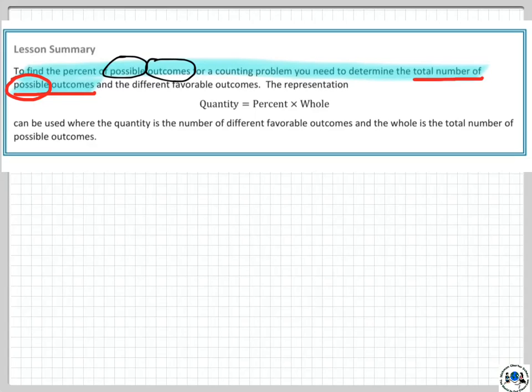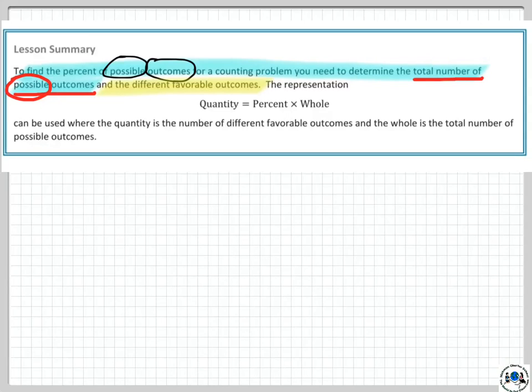To find the percent of possible outcomes for a counting problem, you need to determine the total number of possible outcomes first. Very, very important, what your denominator is going to be, or your whole, or your total, and the different favorable outcomes, the outcomes that are going to satisfy you, for whatever purpose you're talking about.